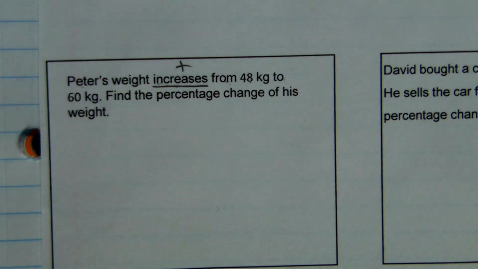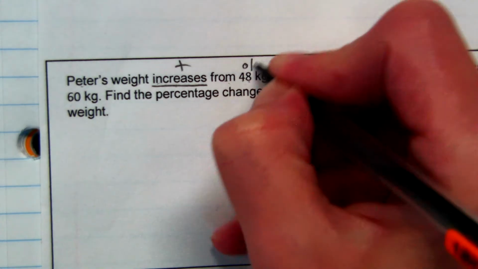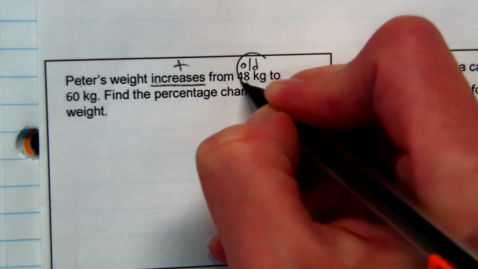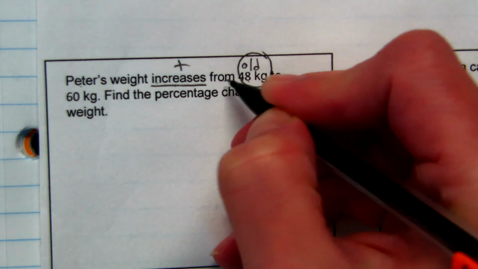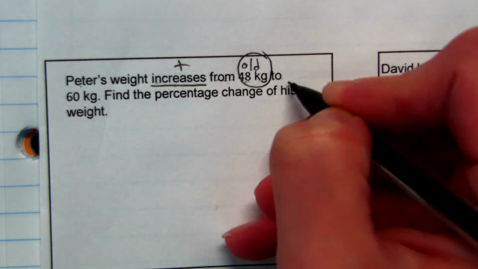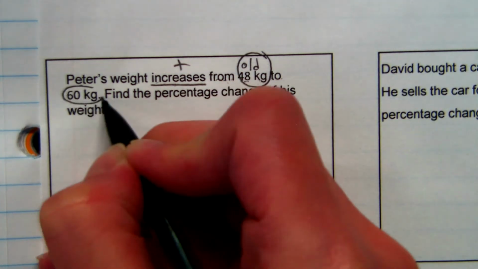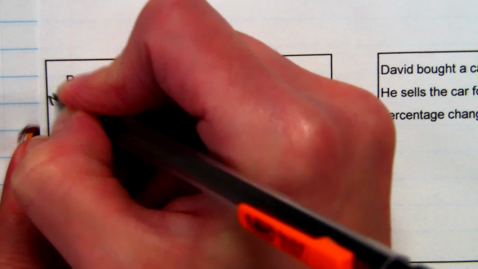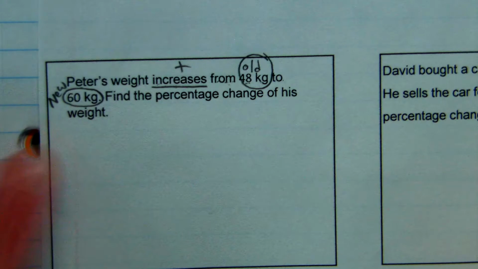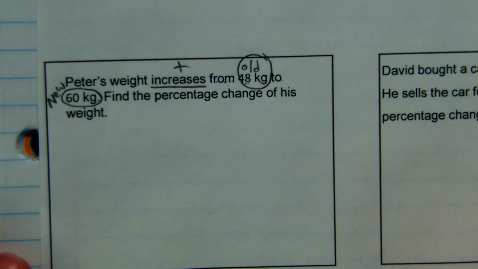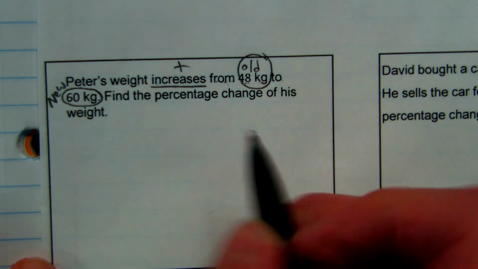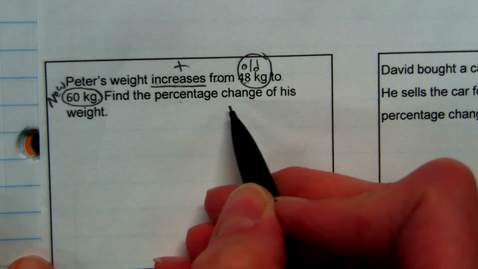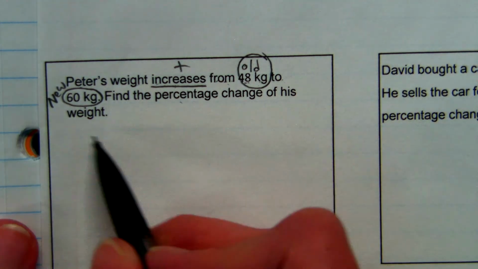So which one happened first? Which one's the old value? 48. So this is his old weight right here. And because it went from 48 and it went to 60 kilograms, that's going to be the new weight. Okay? And then it says find the percentage change, or sometimes they call it percent change, of his weight.